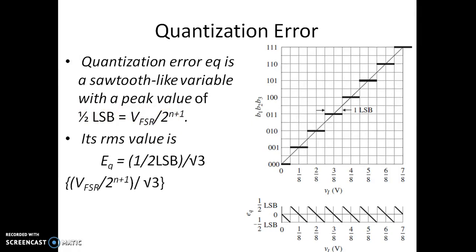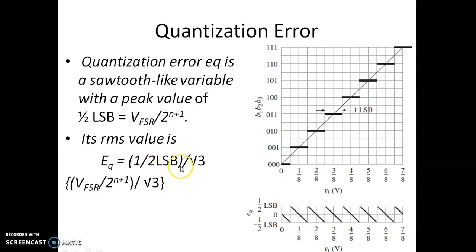Since it's a sawtooth waveform, we know that for a sine waveform the RMS voltage is the peak divided by root 2, whereas for a sawtooth waveform the RMS voltage is given by the peak voltage divided by root 3.